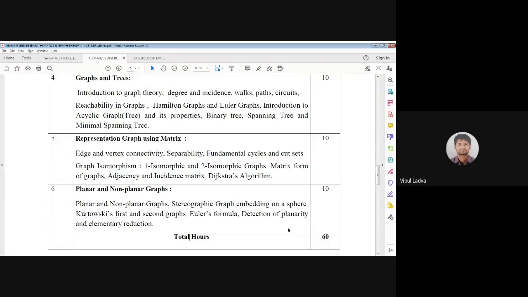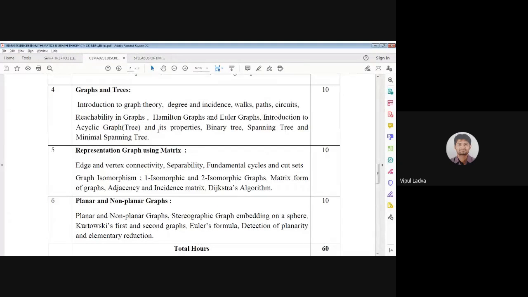Some of the units belonged to probability, and some of them belonged purely to statistics. और एक ऐसा भी पार्ट था कि जो दोनों को कनेक्ट कर रहा था, probability and statistics दोनों को, is it ना? So similarly, in this particular subject, fourth, fifth, and sixth belong to graphs.